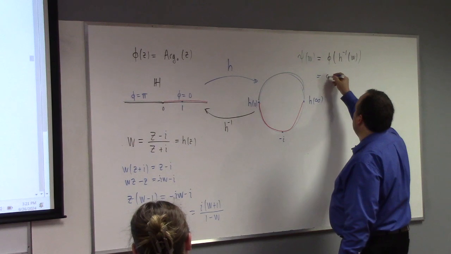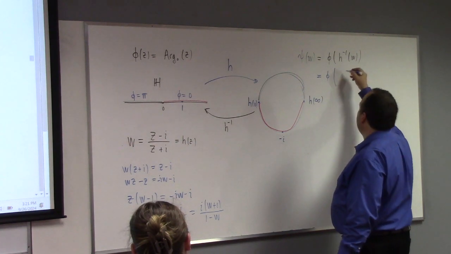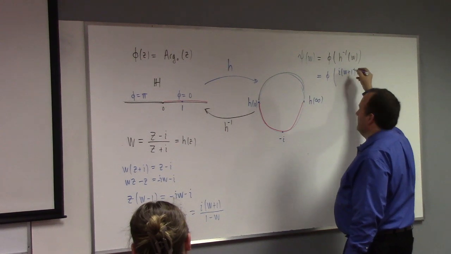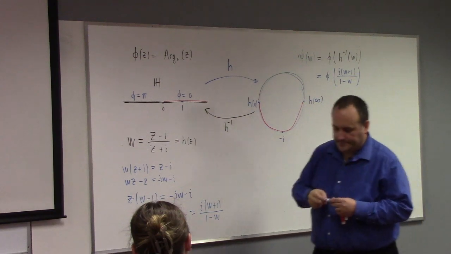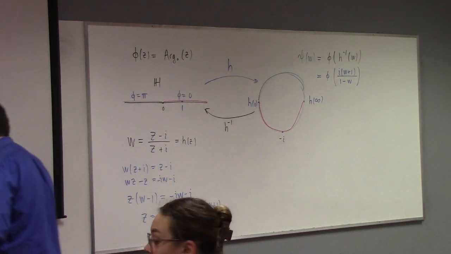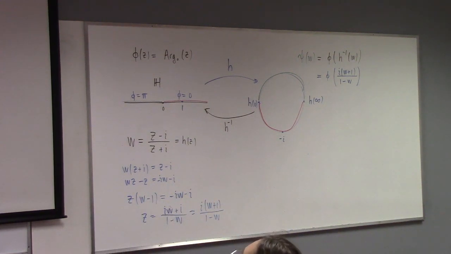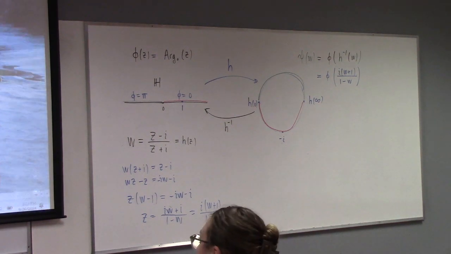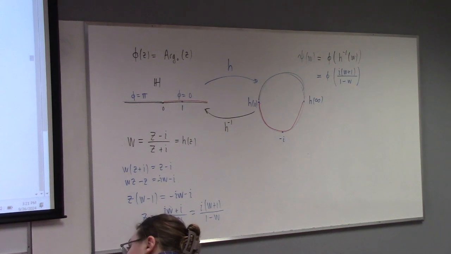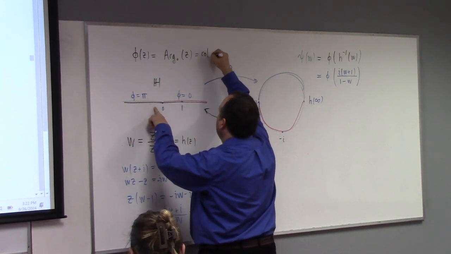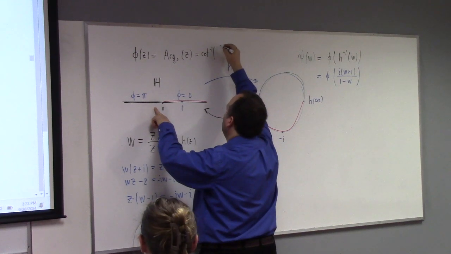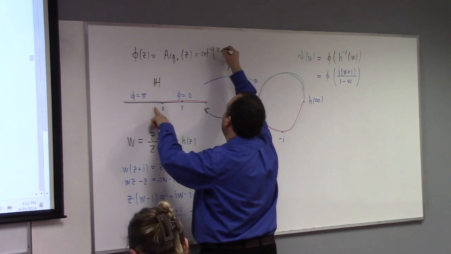So this is literally phi of I times W plus 1 over 1 minus W. A formula for this, by the way, is inverse cotangent of x over y.